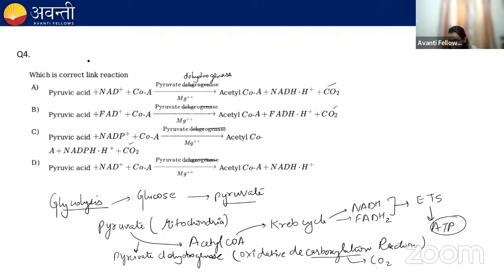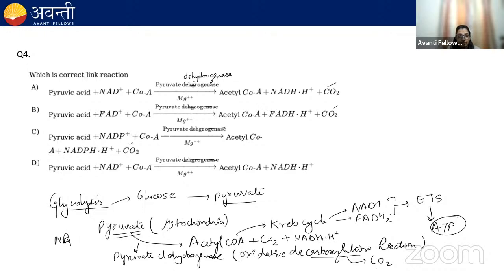Now let's look at the options. When pyruvate is converted into acetyl-CoA, CO2 is released and NADH plus H+ is formed.